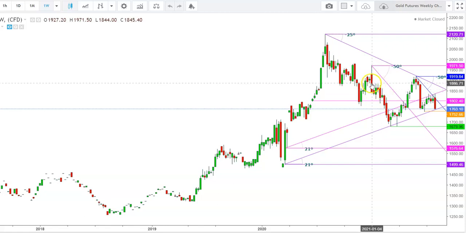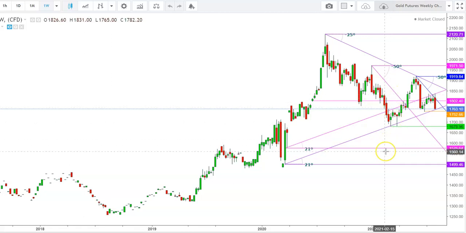Once again gold attempted to breach the major resistance at the levels of $1886 but could not, and finally continued to move downward and tested a low at the levels of 1679 during the month of March 2021.